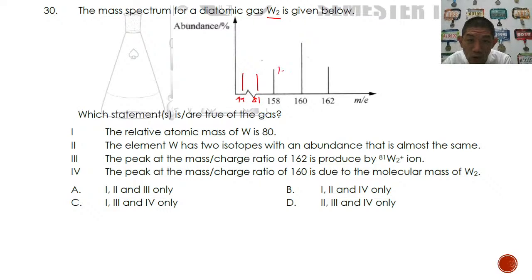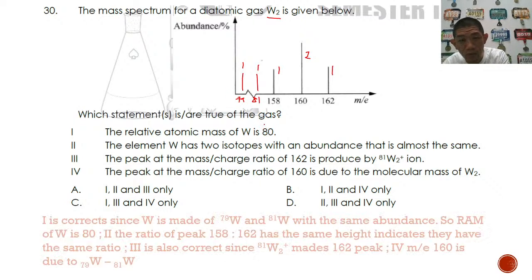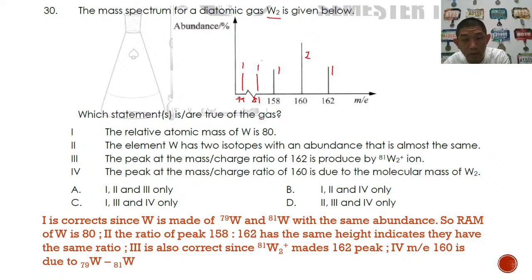If you see the ratio, the ratio in here is 1 to 2 to 1. That means the isotope ratio for this one is 1 to 1. So 79 times 1 plus 81 times 1, multiplied by the abundance ratio, gives you 80. So relative atomic mass is 80 is correct. The W has two isotopes with abundance that is almost the same, also correct.